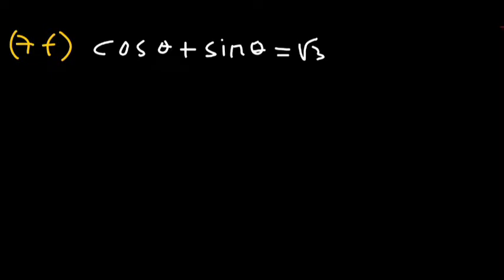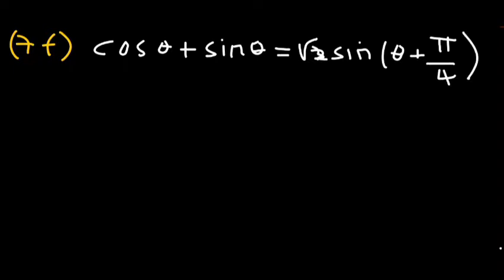The question that we have is cos theta plus sine theta is equal to root of 2 sine theta plus pi over 4. So this is our question 7F. We've been told to prove this identity.